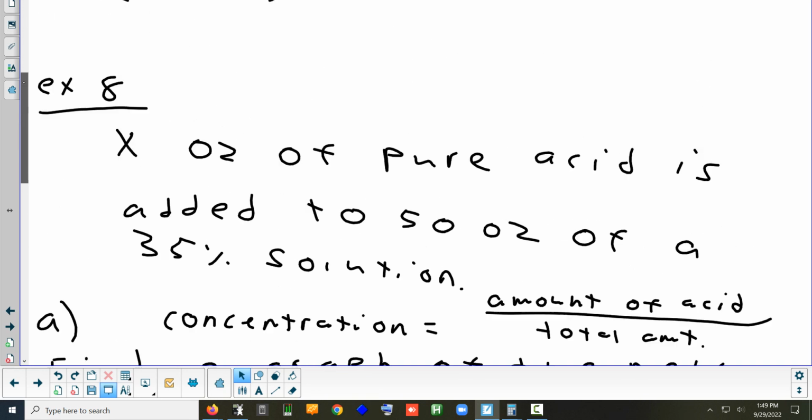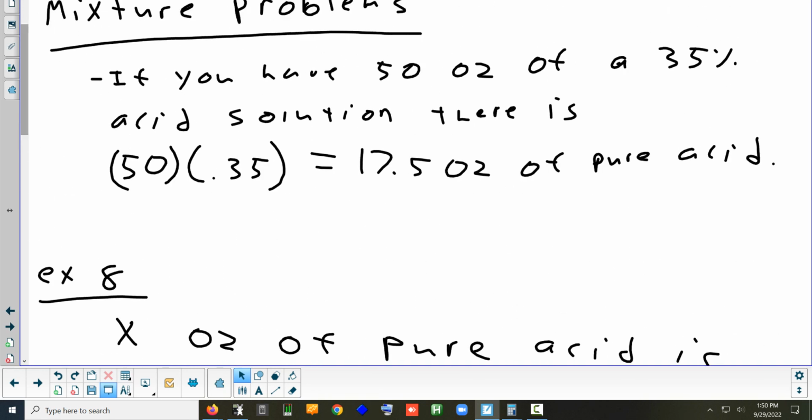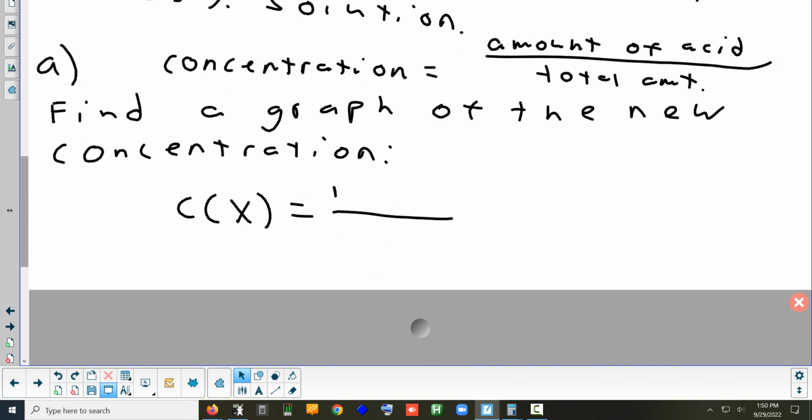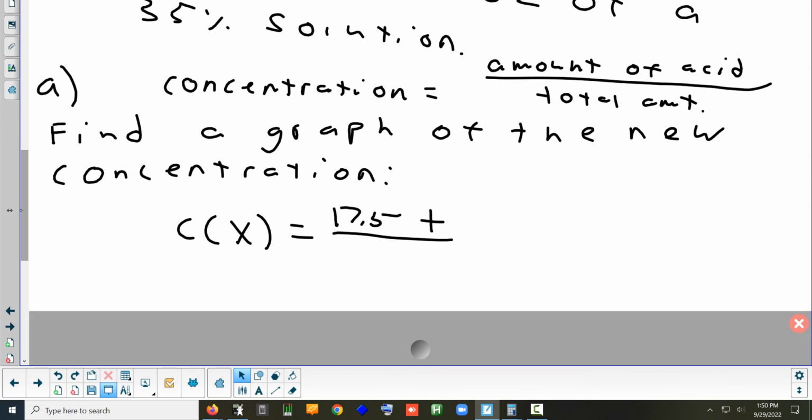So out of the 50 ounces, 17.5 is already there. We can't get rid of it. That's acid that's in the water, plus how much acid am I adding to the mixture? x.